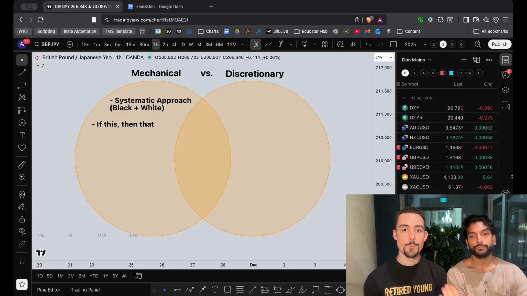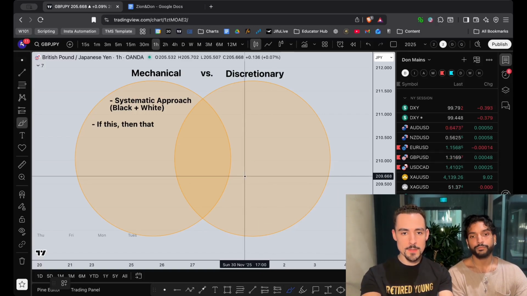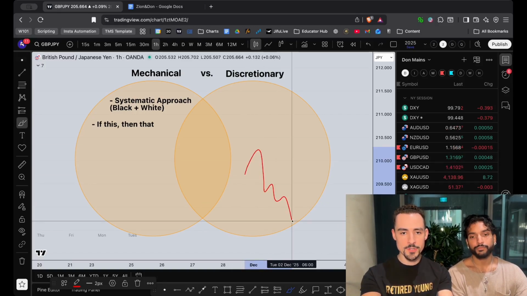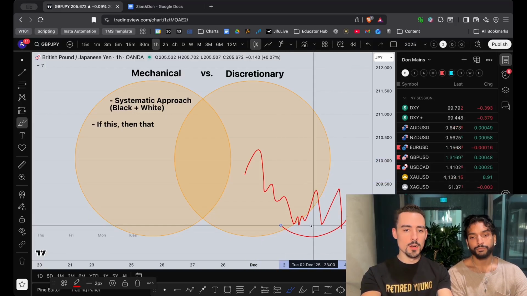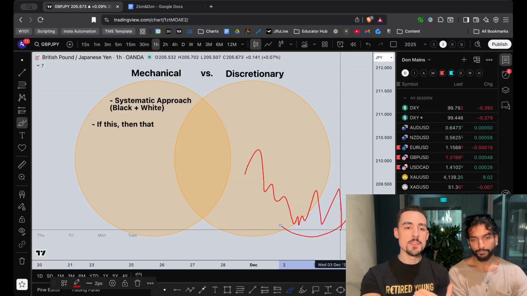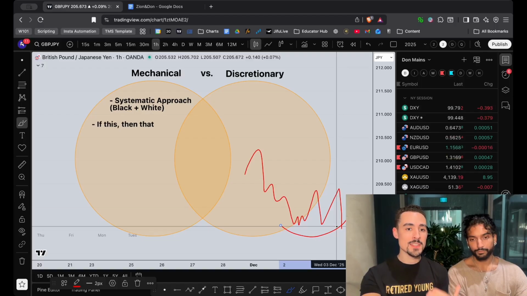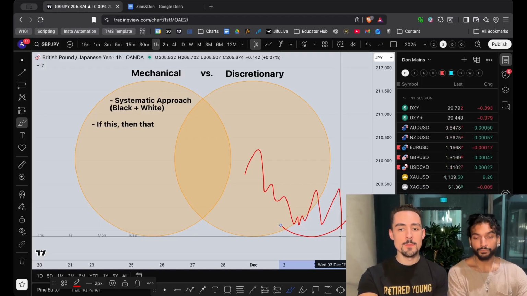A way that we could doodle and draw this in is, let's say this is price action and the low of the Asia session is right here. Maybe your approach is when this low is taken, if it's during this period of time, then I'm taking a trade.